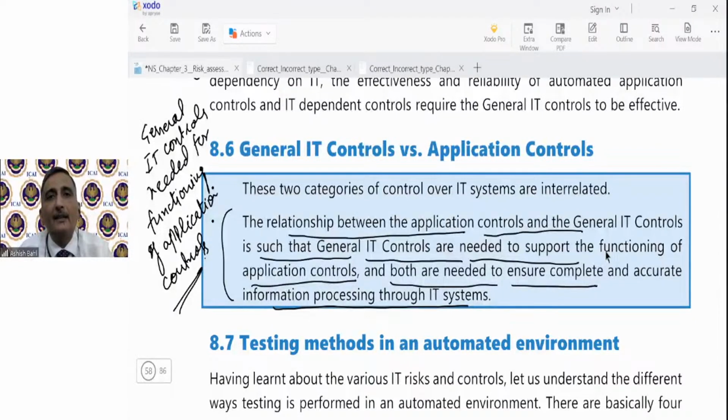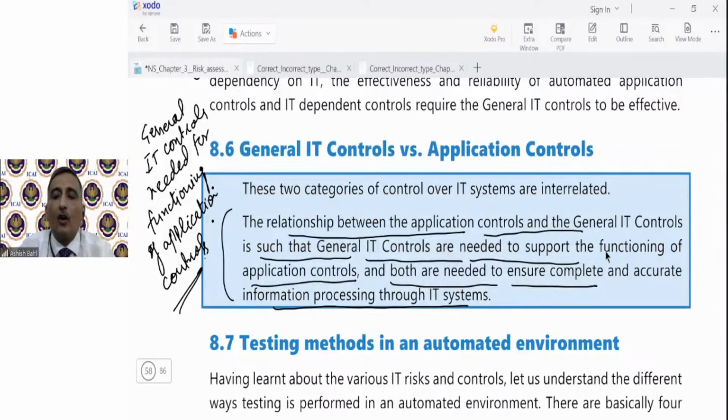Do you remember, guys? Whatever ways are available to the auditor to test controls, the same ways are available to the auditor to test controls in an automated environment.